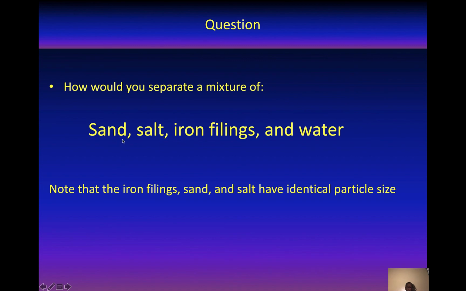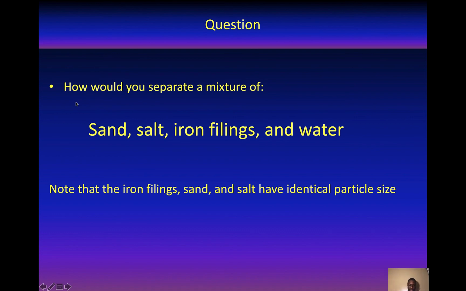Once I filter them out, I'll then use a magnet to separate the iron filings from the sand. Since a magnet attracts iron filings, that is the easiest way to get the iron filings out. Once I use a magnet, the iron filings are out of the sand, so my sand and iron filings are separated.